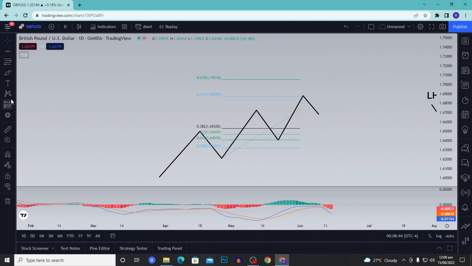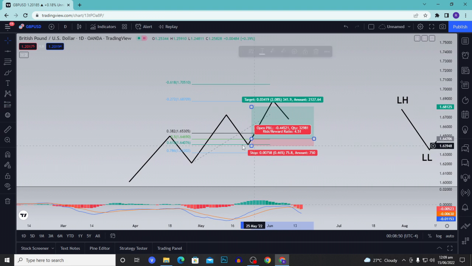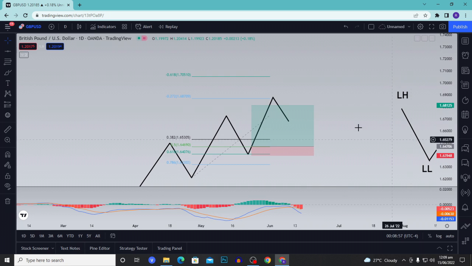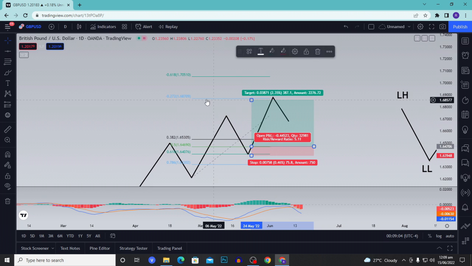Let's say you enter the trade right here and you place your stop loss right below the previous low or the end of the retracement. How we trade is that we place our take profit at the round number, or the psychological number, below the negative 0.272 point.